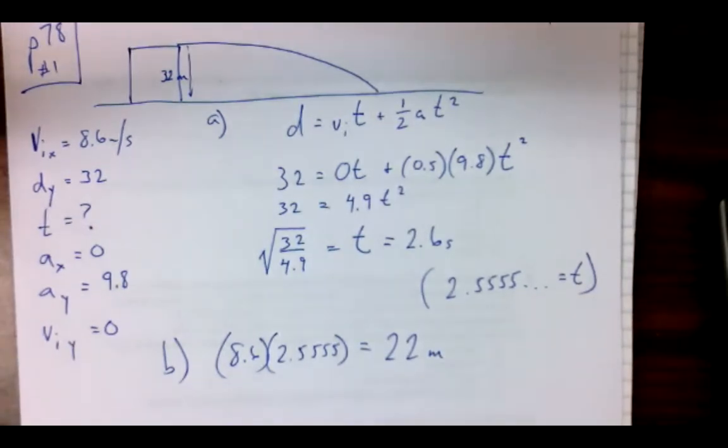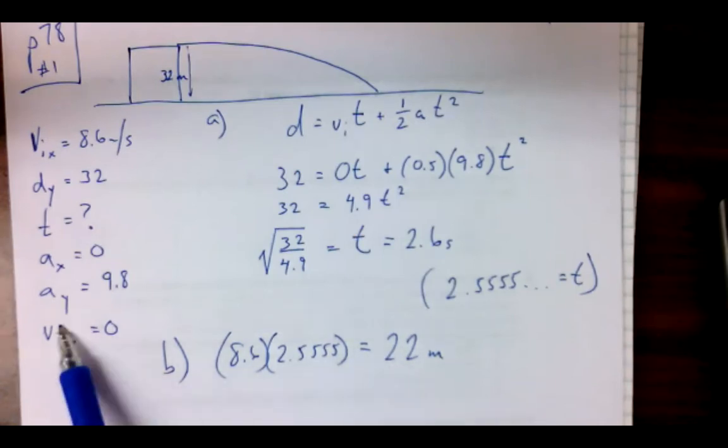Now, just to borrow from your example, Nathan, earlier about making it more complicated, you could say initial velocity is 8.6, final velocity is 8.6, time is 2 point blah, blah, blah, put it into an equation and solve for it, but this is just a little bit more direct. Any questions?